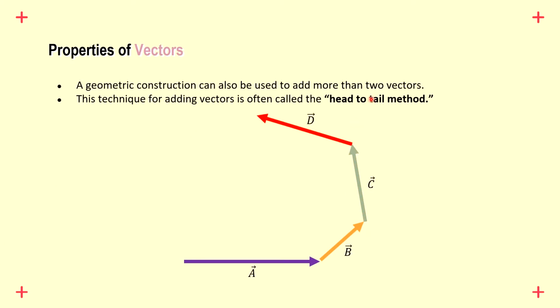Then to find the resultant, we just draw a vector from the tail of the first vector to the head of the last vector. So this is the resultant vector.